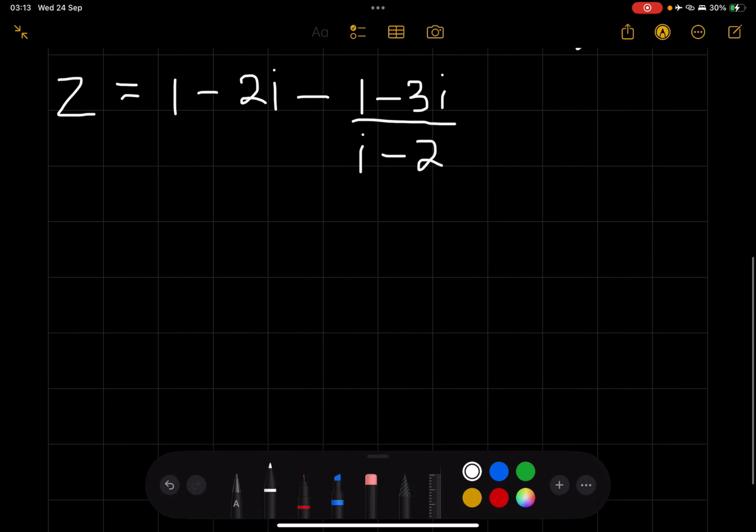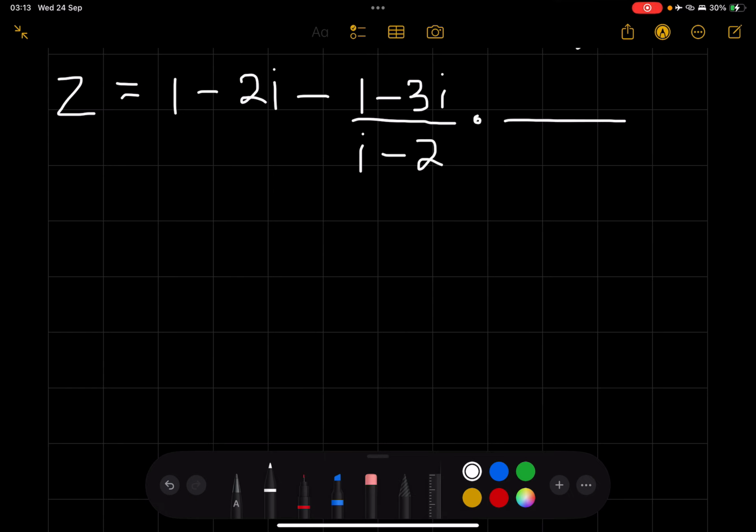So ladies and gents, to simplify a fraction in complex numbers, we always multiply both the top and the bottom by the conjugate of the denominator. The conjugate of the denominator is just, you switch the sign on i. You see i is positive here, so the sign here will be minus.